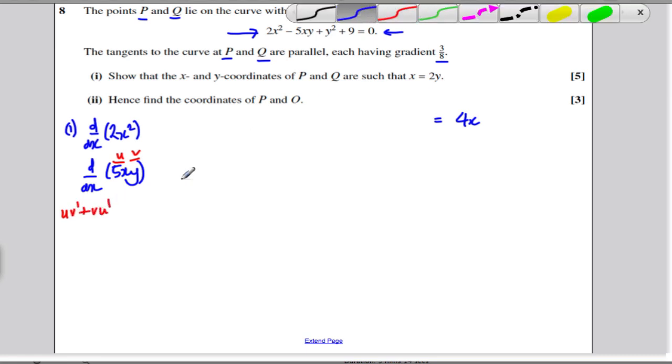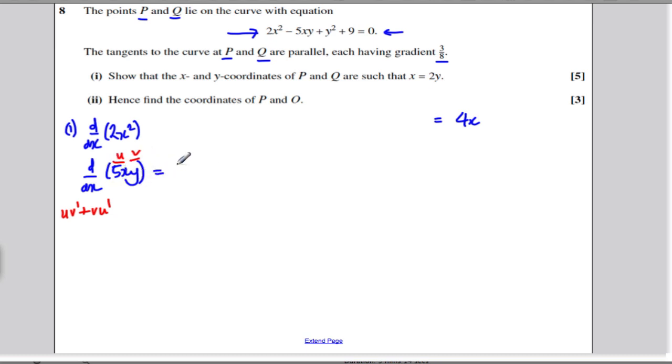Use that rule and you get 5x times the differential of y, which is dy by dx, so 5x dy by dx, plus v, which is y, times the differential of u, which is 5. Writing that neater, it is 5x dy by dx plus 5y.